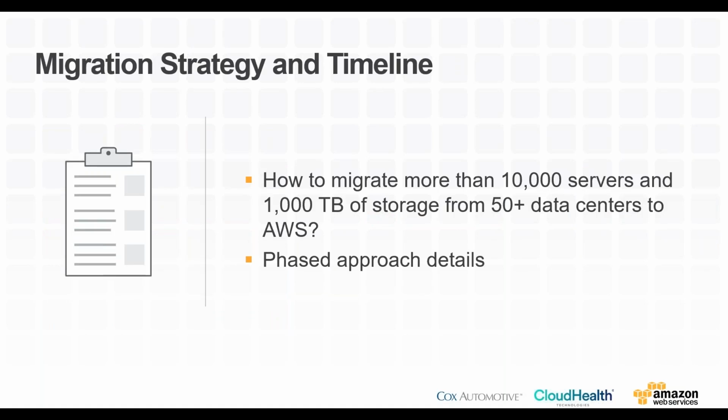So our migration strategy and timeline: we're migrating tens of thousands of servers and thousands of terabytes of storage over 50 data centers. As I mentioned, we're breaking it down into manageable components that we can focus on. We've identified approximately a dozen data centers initially, and within those data centers we figure out what applications and solutions are in there.